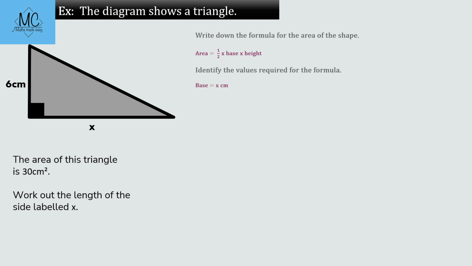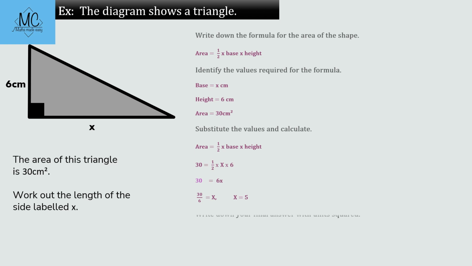Identify the values. Base is x centimeter, height is 6 centimeter and the area is 30 centimeters square. Now substitute the values as per the formula. So here's this substitution of the formula and now I'm going to calculate it. So 30 equals 6x. Now 30 divided by 6 is equal to x. So x is equal to 5.